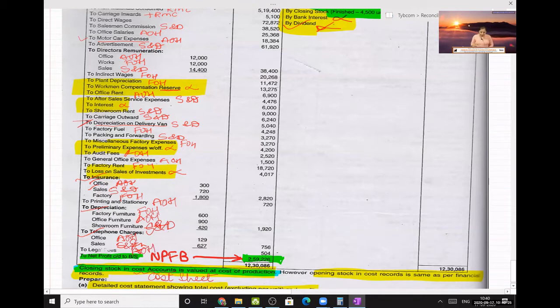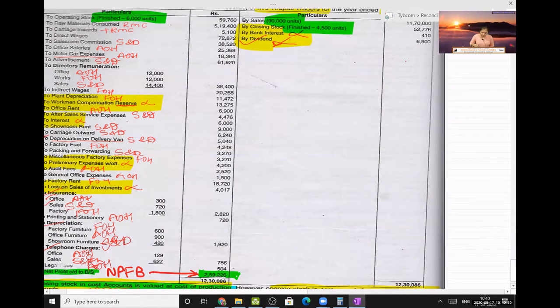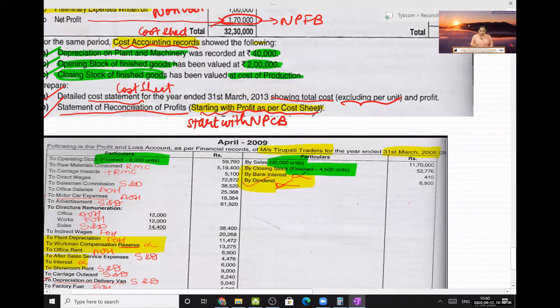This 2,59,226 is net profit as per finance books. Then sales 11,70,000, the last item in cost sheet, and units sold is given as 90,000. This will help you to calculate units produced. Closing stock of finished goods 4,500, but I will not take this figure because below it says you have to take FIFO.